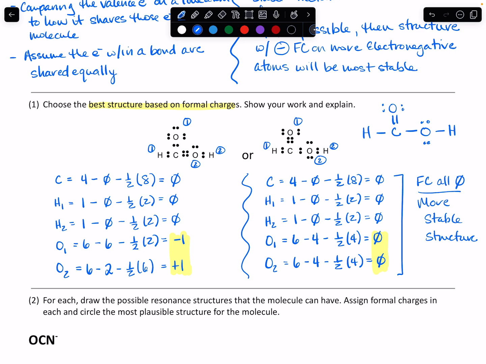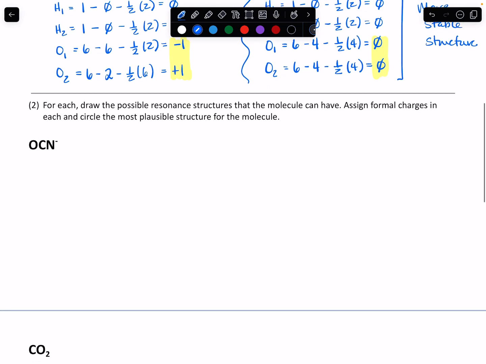That's going to be more stable than the one on the left. So that's an example of how we can use the formal charge, if we're given structures, to identify the more stable one. Now down here: for each molecule, draw the possible resonance structures, assign formal charges in each, and then circle the most plausible structure.